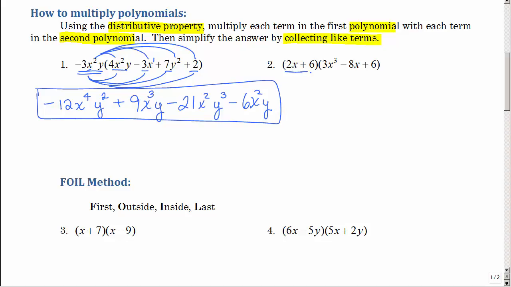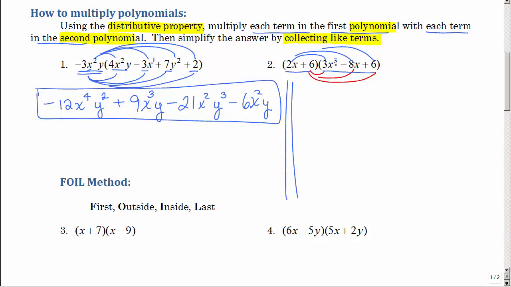Now what do I have here? I have a binomial times a trinomial. So I'm going to go back and say I multiply each term in the first polynomial with each term in the second polynomial. So that means I have to distribute this 2x to all of those, and then I have to distribute the 6 to all of those. So let's take it a step at a time.